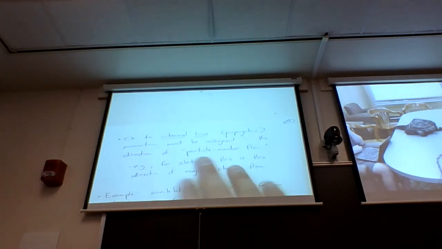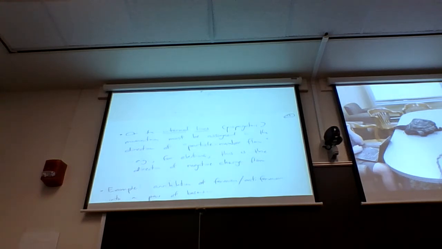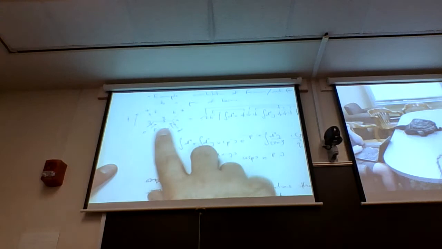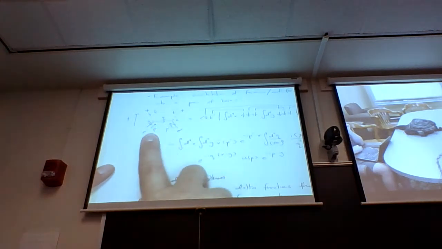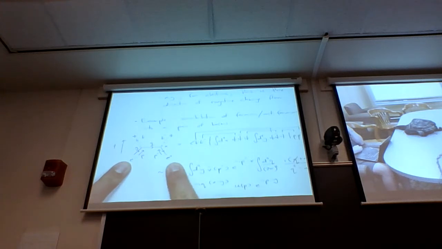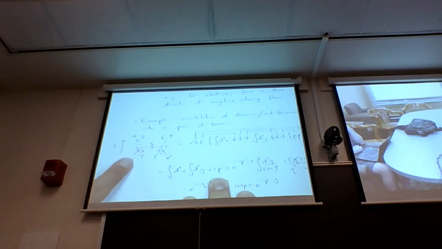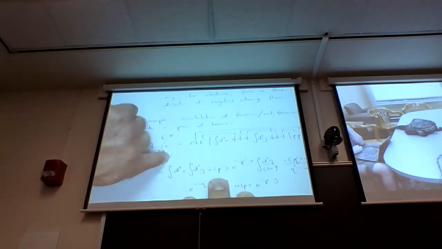You don't have to really worry about it that much. On propagators, you have to assign the momenta, and typically you assign it in the direction of particle number flow. In this diagram, I have an electron and a positron coming in. My particle flow starts at the electron if you follow the arrows and ends over here at the positron.